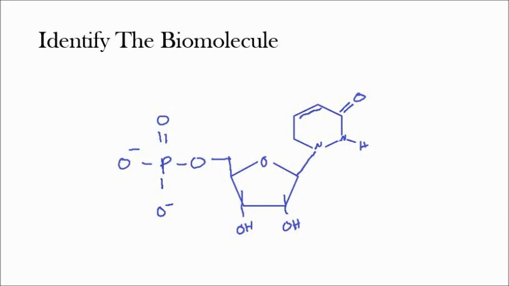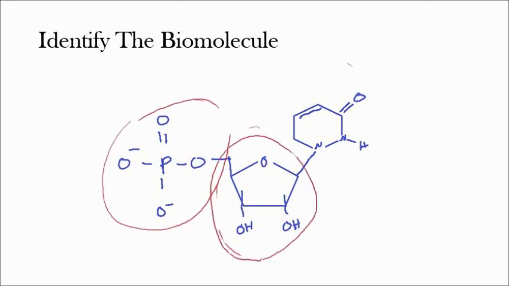Okay, this is actually, in my opinion, one of the most distinctive of all the biomolecules that we have in this unit, because it has 3 different parts, so it's hard to get it confused with the other groups. Sorry, my pen's not working very well. So I just circled those 3 groups, and of course you have a phosphate group here.